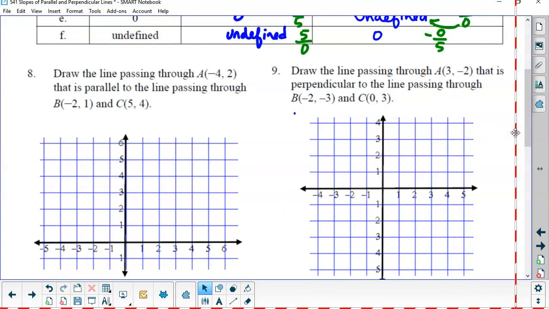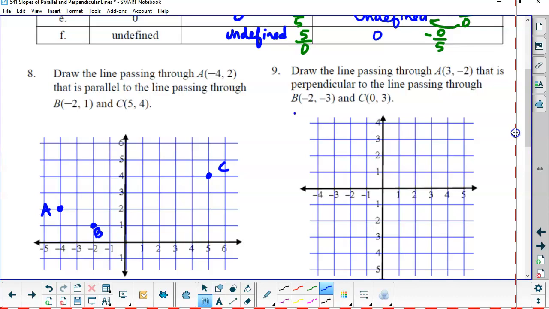Next one, draw the line passing through that point that is parallel to the line passing through BC. So A is negative 4, 2. B is negative 2, 1. C is 5, 4. Okay.